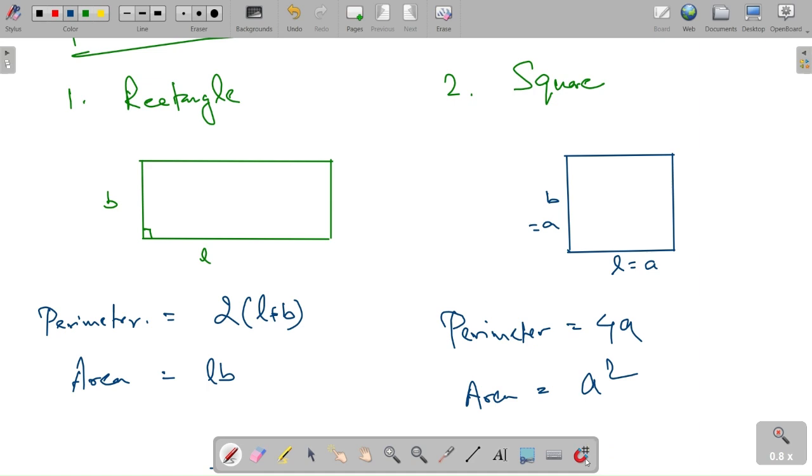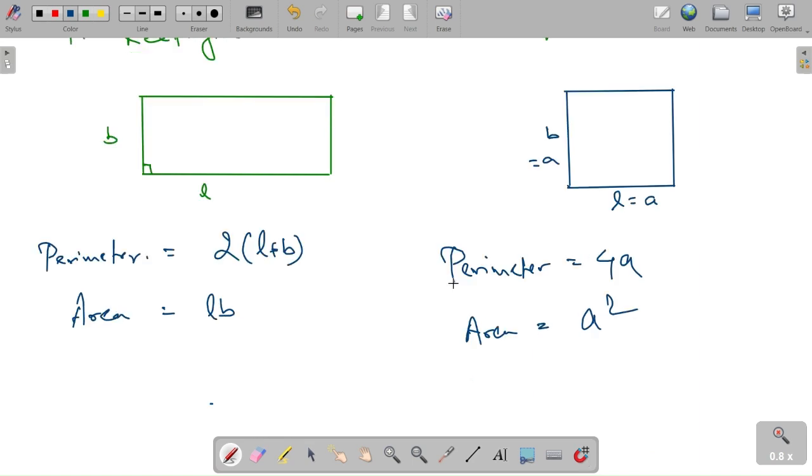One special area, only for a square, is when you draw the diagonals. The beauty is, this is a diagonal, and this is also an altitude, and this is also an altitude.